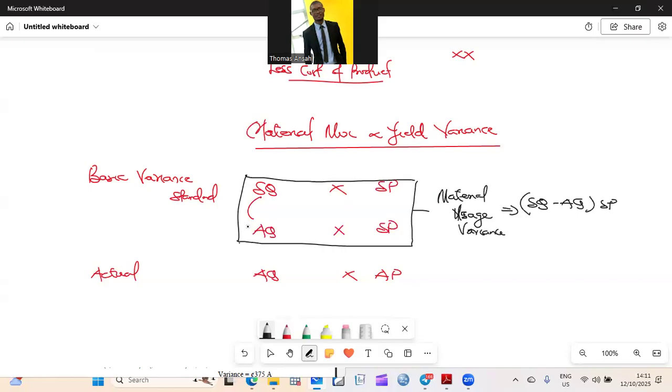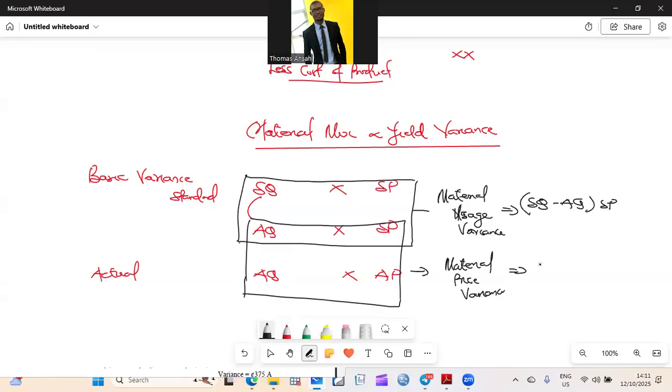Then the formula for the price, material price variance, will be standard price minus actual price.